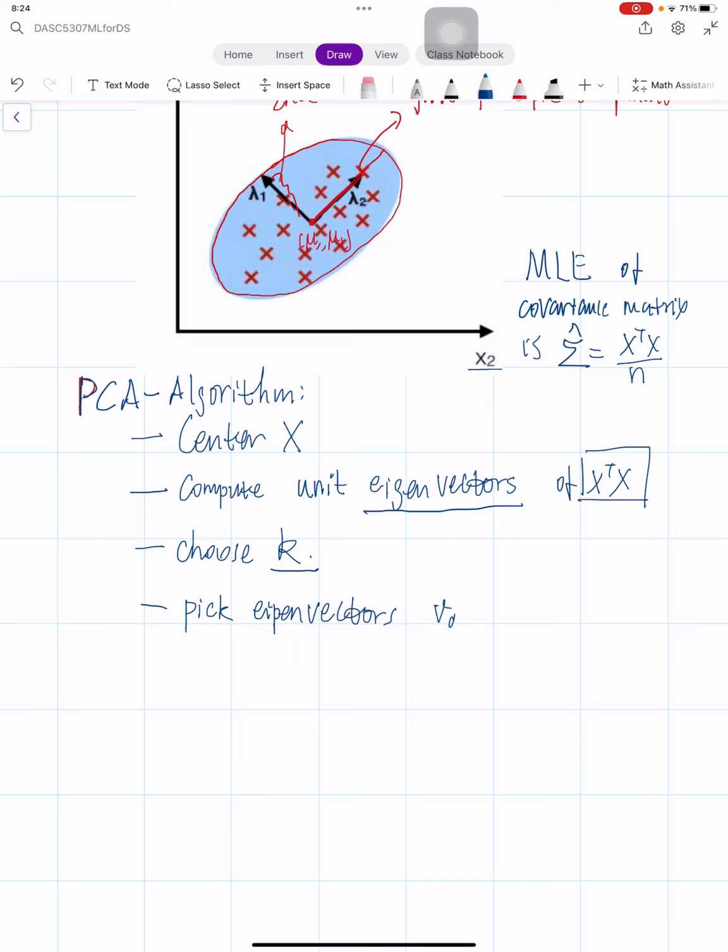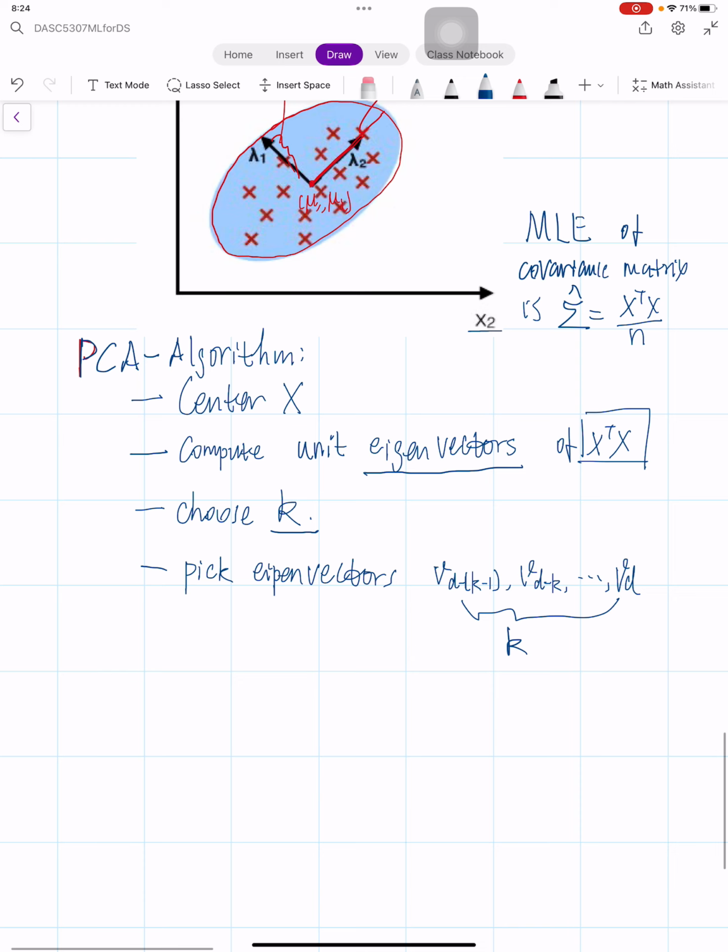So we pick Vd, and so on down to V d minus k plus 1.